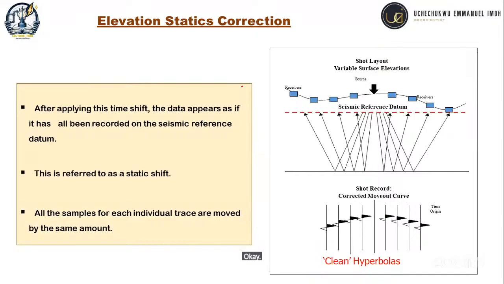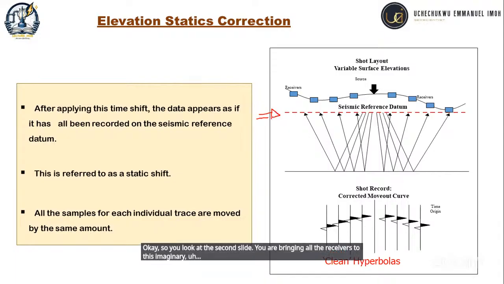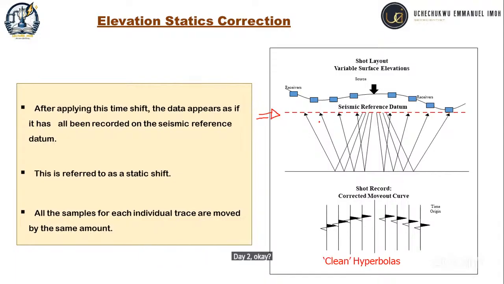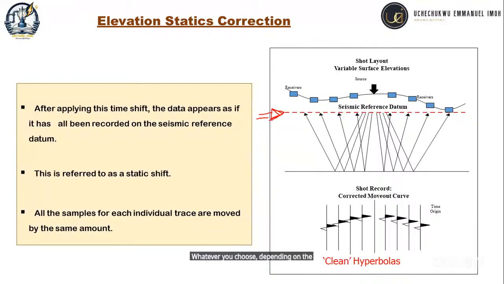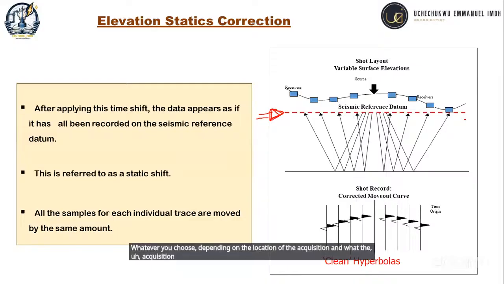Okay, so you look at the second slide. You are bringing all the receivers to this imaginary datum, what we call the seismic reference datum. So this your datum could be 0 meters above sea level, whatever you choose, depending on the location of the acquisition. Mostly for Niger Delta, we normally use 0 mean sea level.